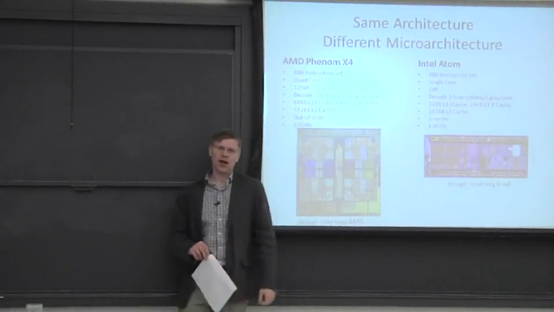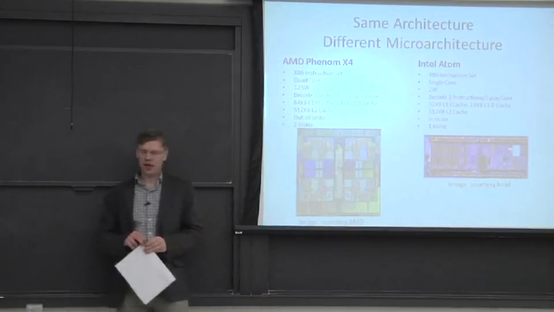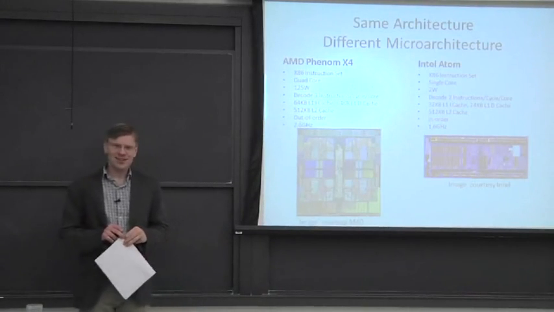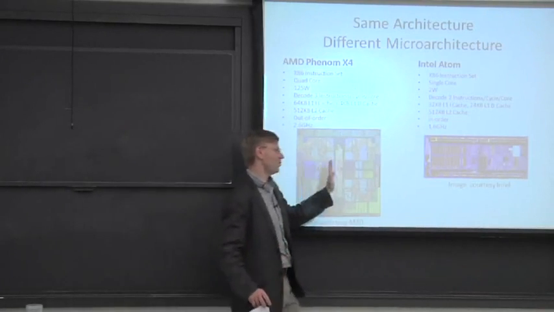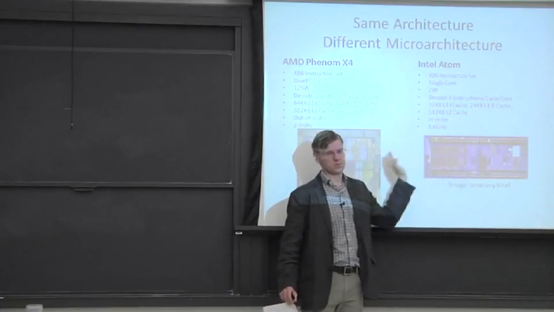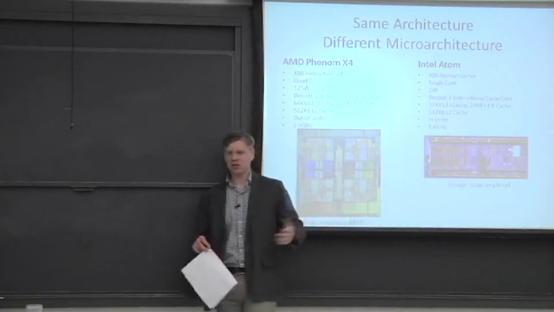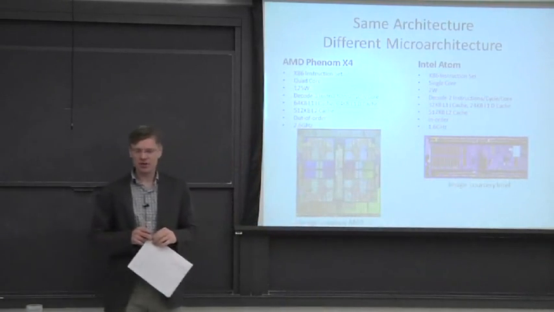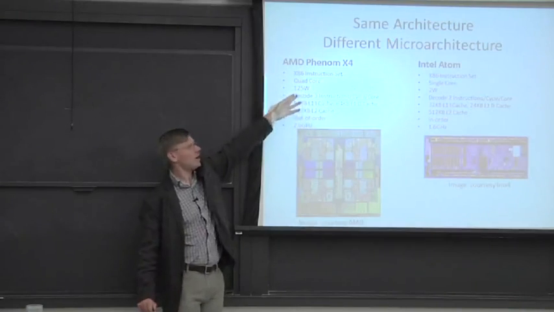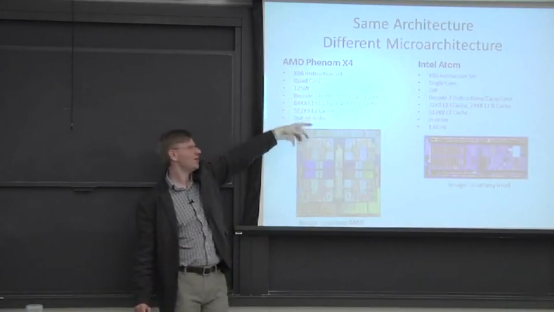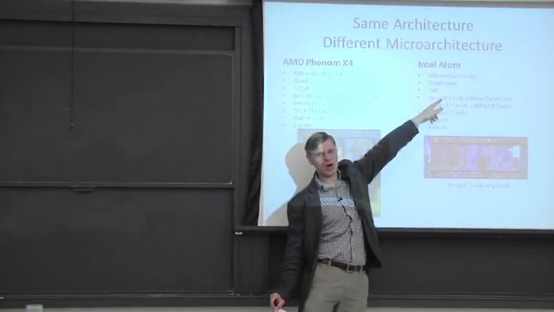They both run x86 code. And these are the same time frames, so roughly modern day processors. This one has 4 cores, 125 watts. Here we have a single core, 2 watts.